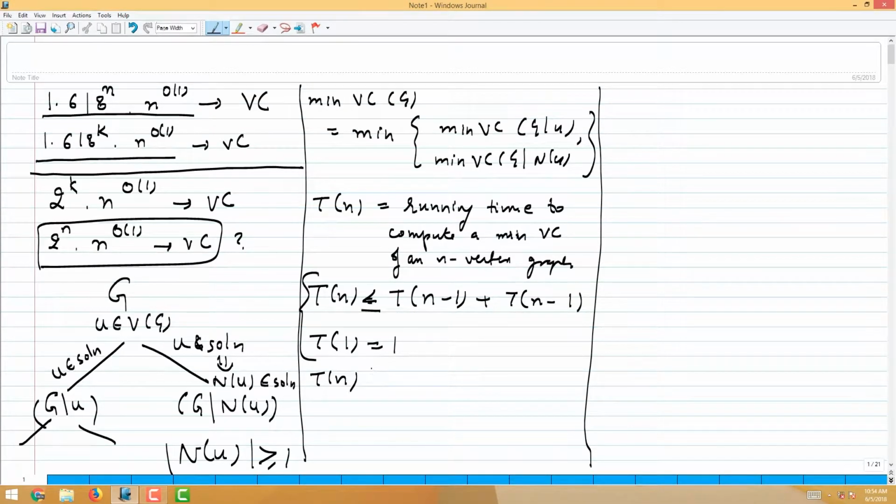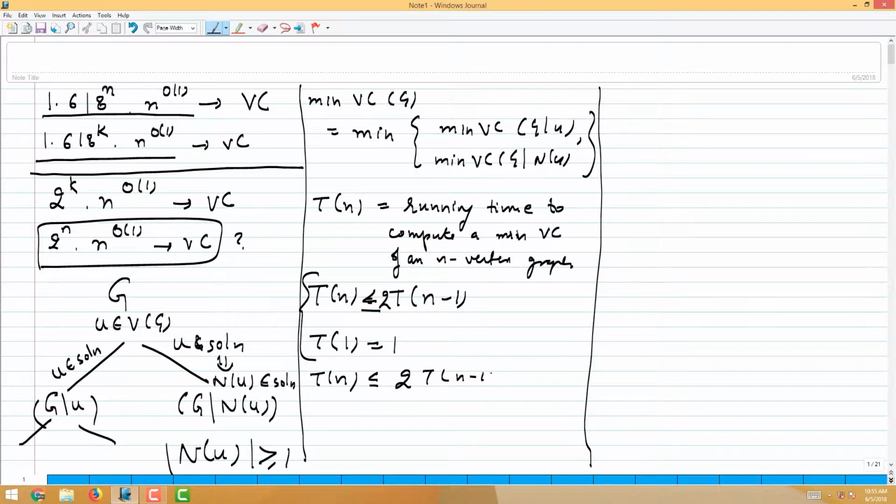So again, you can write T(n-1) as, what is T(n-1)? You can write it as T(n-2) plus T(n-2), right? In fact, for ease, you can write this as 2 into T(n-1). And now you just open this. This is 2 into T(n-1).